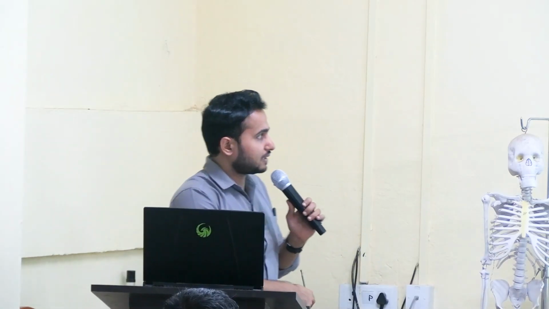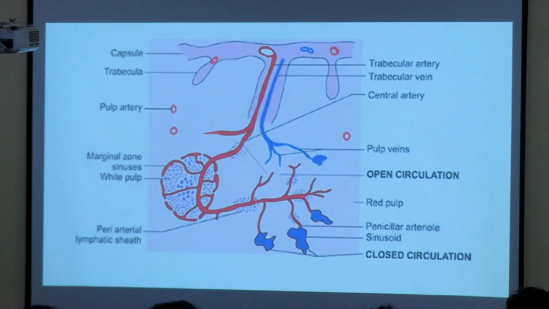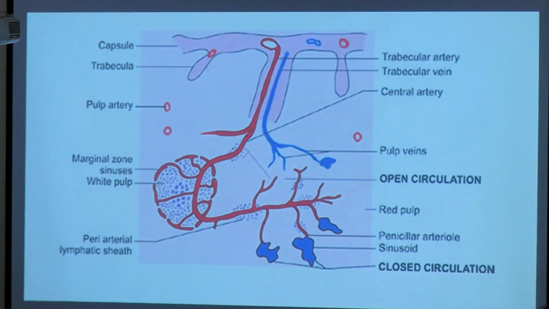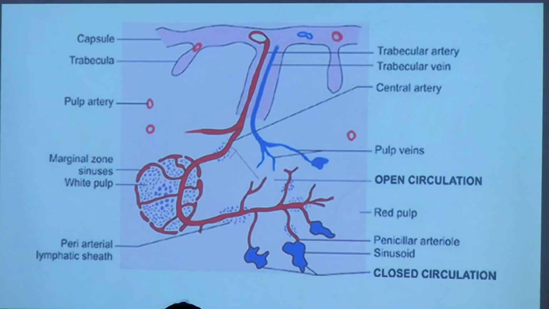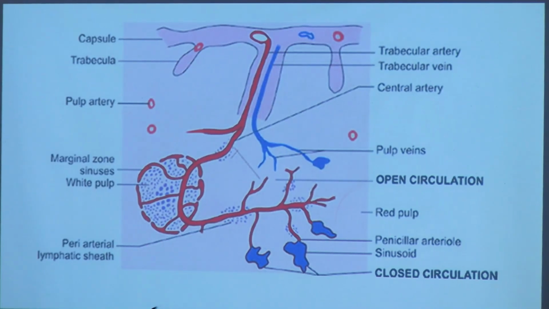Now let me show you the diagram. First you have to see this one. I am not going into detail about the blood supply of the spleen. Blood supply of the spleen is a bit controversial. Two different theories are there, one open theory and one closed theory. That's why you can see it is written as open circulation as well as closed circulation.